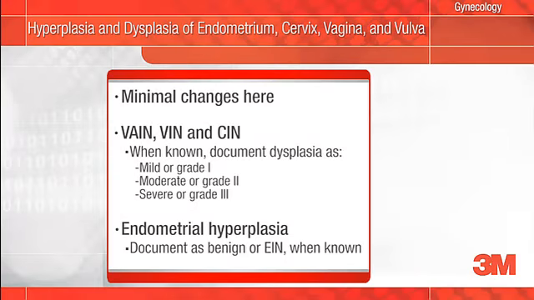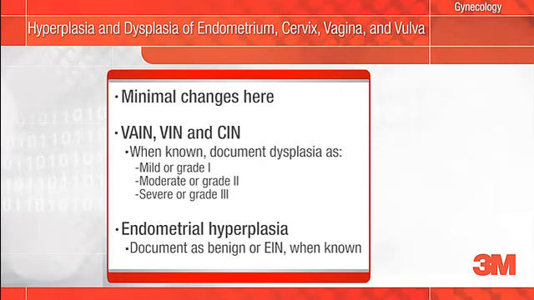cervix, vagina, and vulva. The codes for vaginal intraepithelial neoplasia, also known as VAIN, vulvar intraepithelial neoplasia, VIN, and cervical intraepithelial neoplasia, or CIN, have specific codes for dysplasia specified as mild, or grade 1, and moderate, or grade 2.